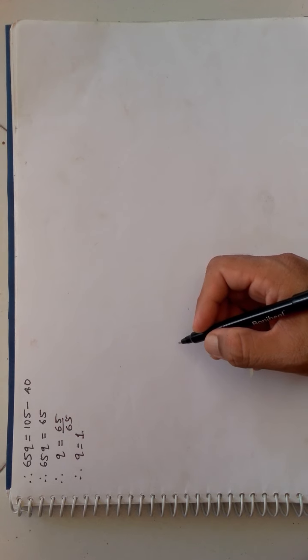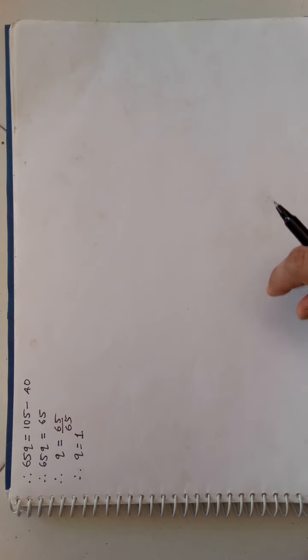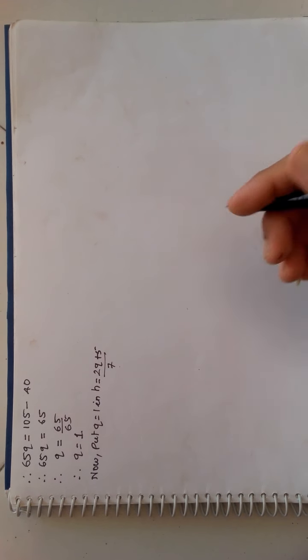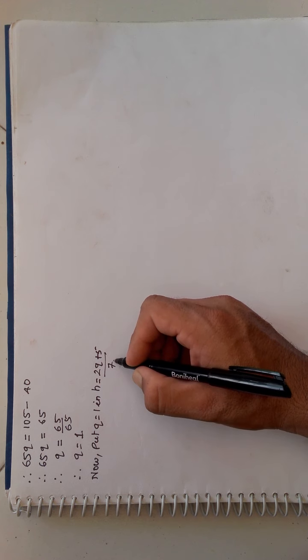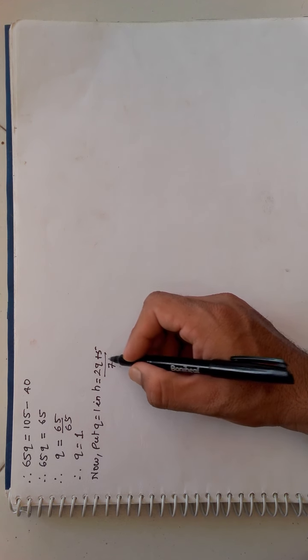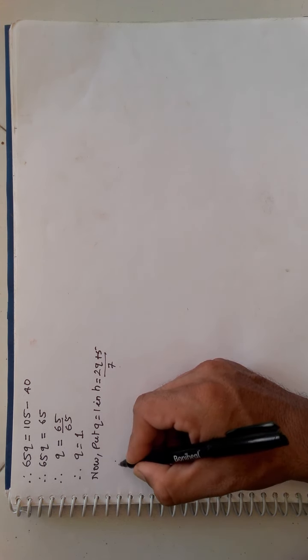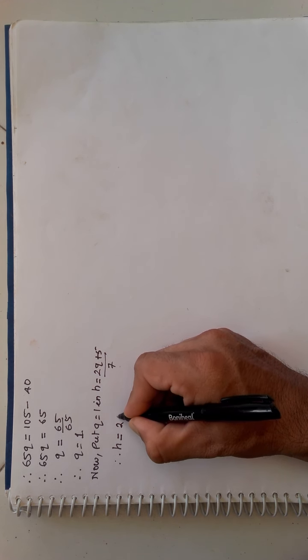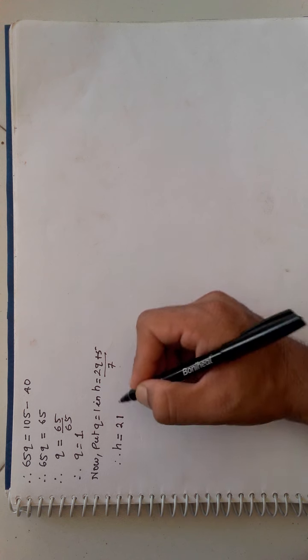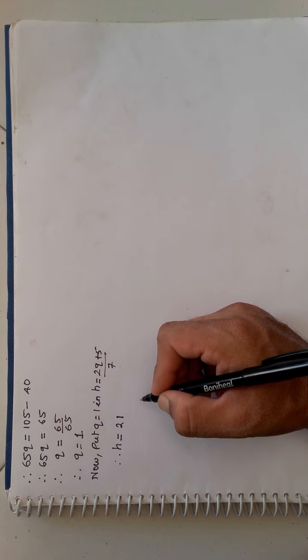Now you need to substitute the value of q to get the value of another variable. Now you will put q is equal to 1 in h is equal to 2q plus 5 upon 7. So you get here h is equal to 2q. Now if I write like this, it will become 21, not 2 into q.